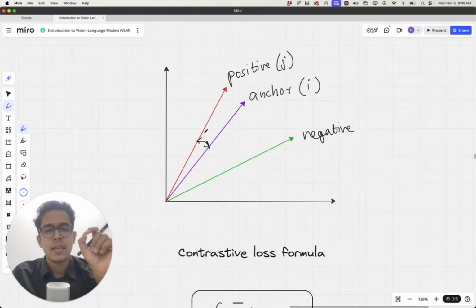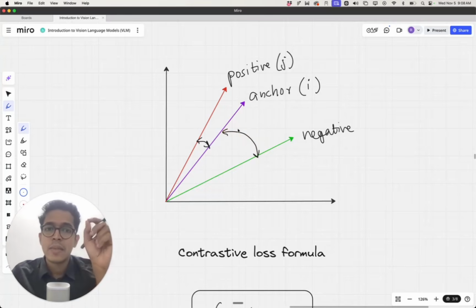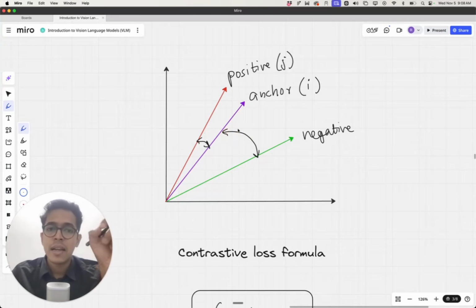So if the cosine similarity is low between positive pairs, it should result in high loss. Similarly, if there is a negative pair with respect to anchor, and their cosine similarity is high, that is also a bad thing. They should have low cosine similarity, so if it is high, that should also result in a very high loss.